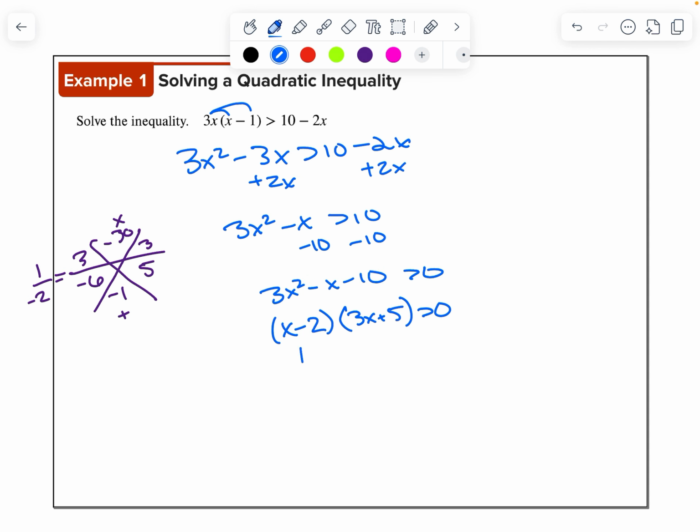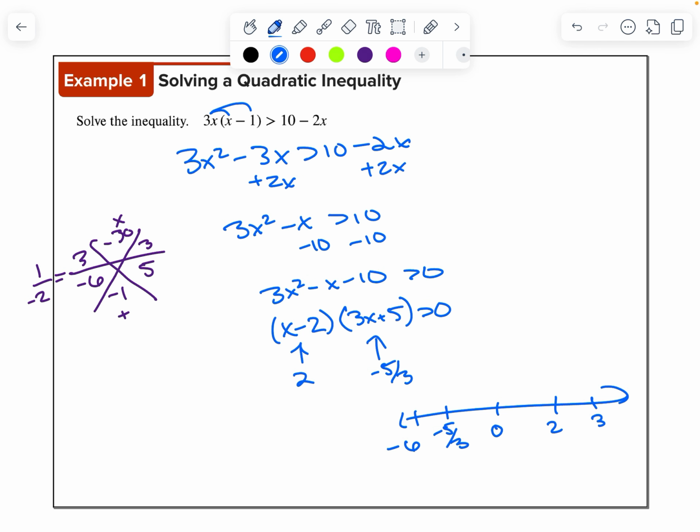And so the solutions here would be 2 and -5/3. I'm going to put those numbers on a number line, -5 over 3 and 2. And I'm going to find some numbers in between those, to the right, to the left. I'm going to try and find numbers in every single piece of this number line.